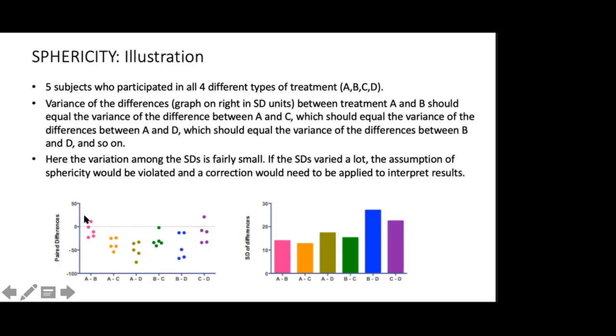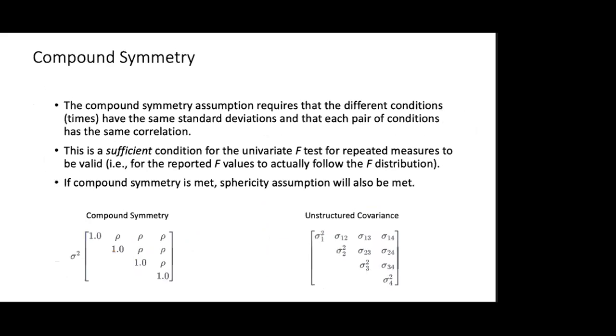So only the variability, not the means. We see here that this is roughly the case. There's not a huge difference here, so we can assume that this holds. I just wanted to mention that because it's important.